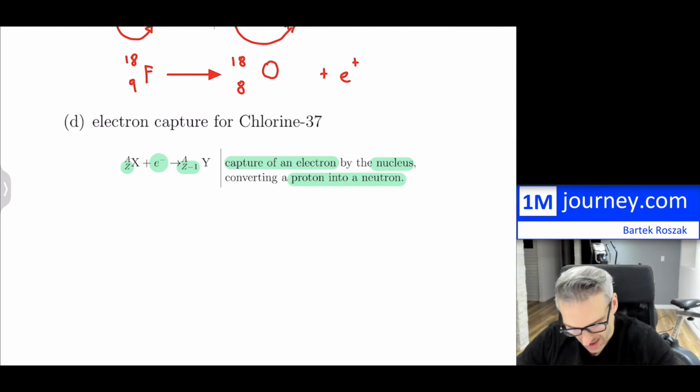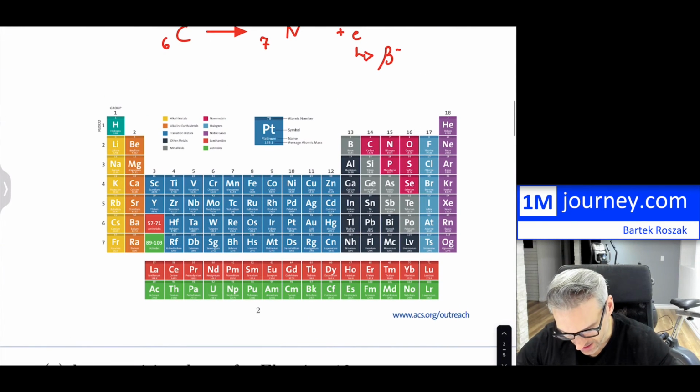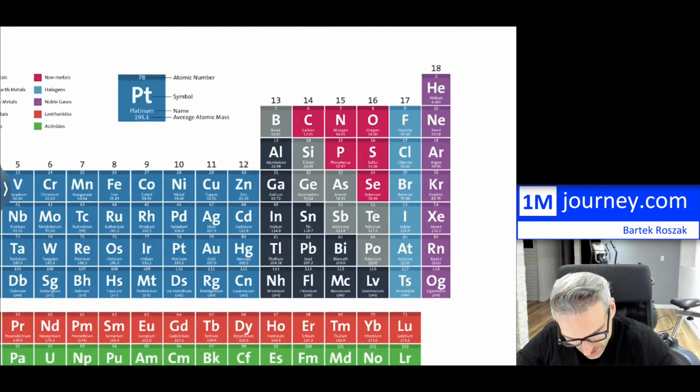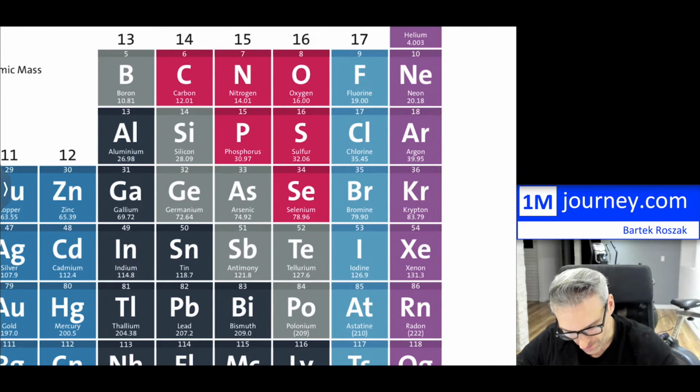So that's what you have. And in order to write this down, chlorine is 37, and chlorine there has an atomic number of 17, right? So that's what it has as its atomic number.